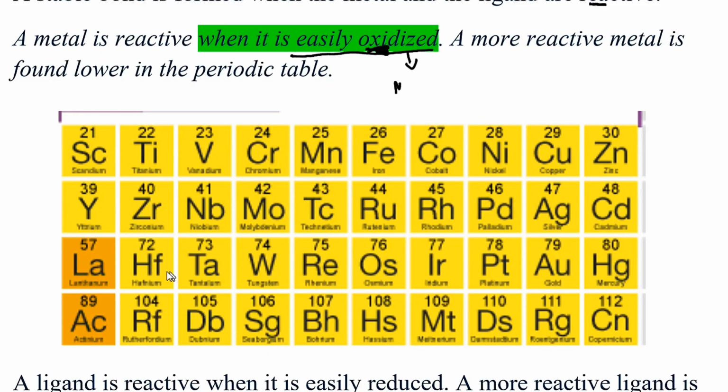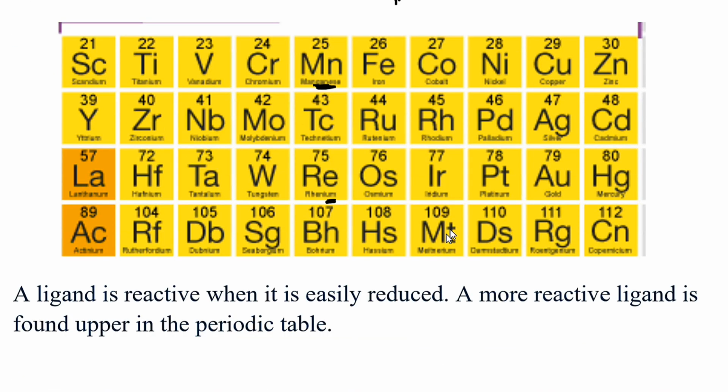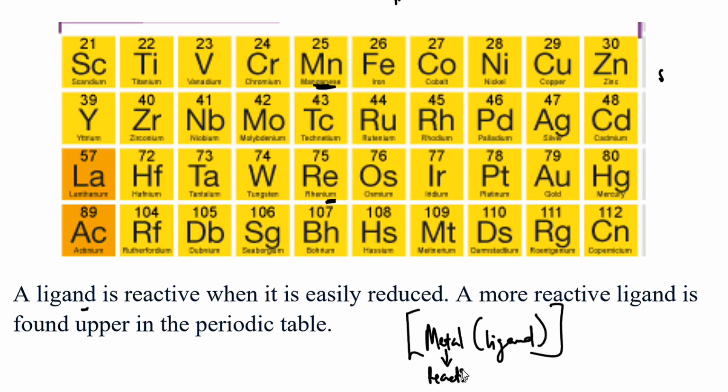So here's a periodic table. We have the group for manganese and the other compound here. Let's look at the ligand also. We said that a bond becomes very strong when the metal is coordinated to a reactive ligand. The bond becomes very strong when the metal is reactive and also when the ligand is reactive.